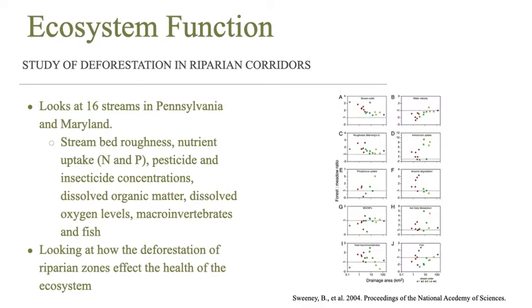Another one is nutrient uptake of nitrogen and phosphorus, pesticide and insecticide concentrations, dissolved organic matter, and dissolved oxygen levels, which are important for fish and macroinvertebrates. At higher levels, it means the water is colder and it is better for those species that live in the water. And then they also just looked at the population numbers of those macroinvertebrates and the fish.